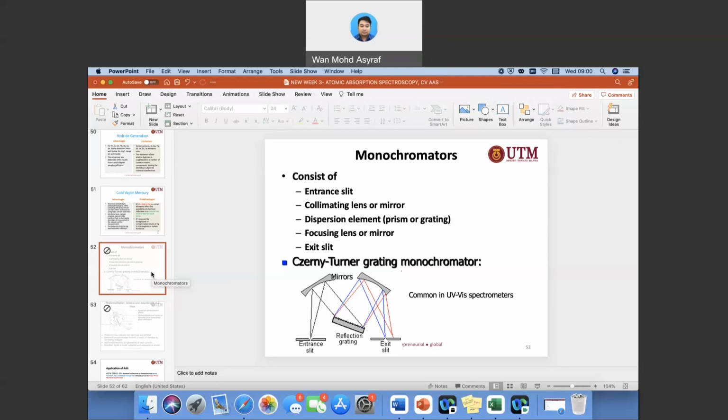This kind of excitation might release some other electromagnetic radiation wavelengths. So the function of the monochromator is to select back only the wavelength for your copper. That's why the monochromator is placed after the sample, after the flame.